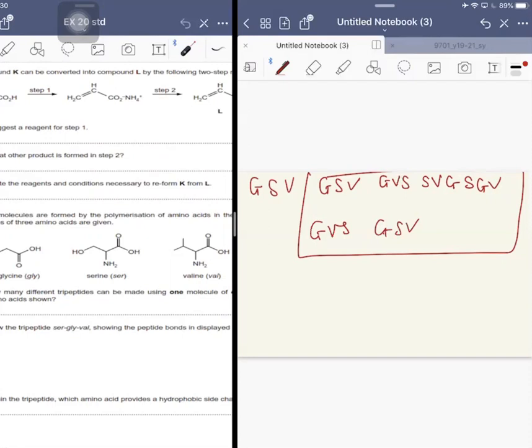But do remember that there are 2 ports. So COOH is the C terminal, and NH2 is the N terminal for condensation to happen.